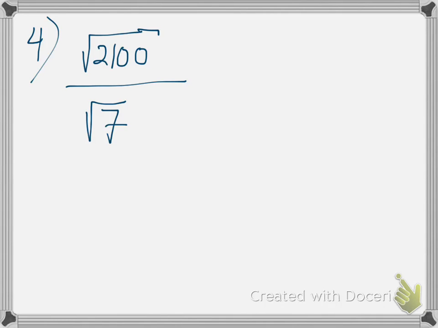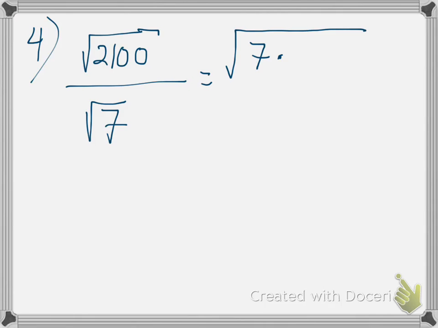Well, let's see. They want integers, so I'm thinking that what we might want to do is see if we could figure out how to get rid of that denominator. Well, 2100.